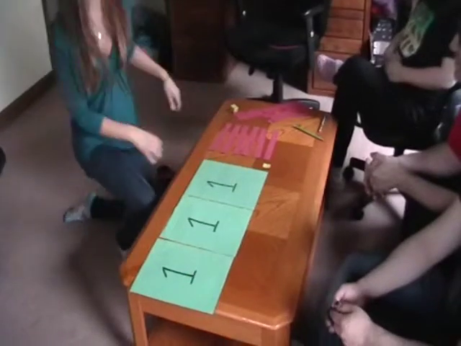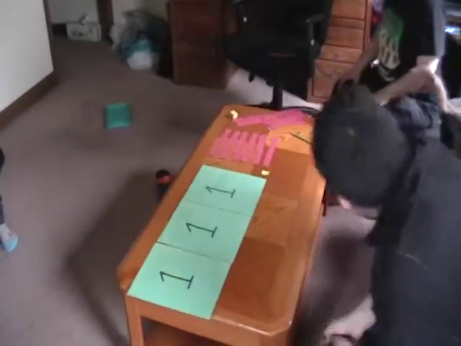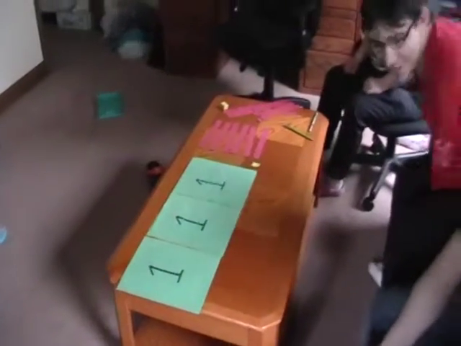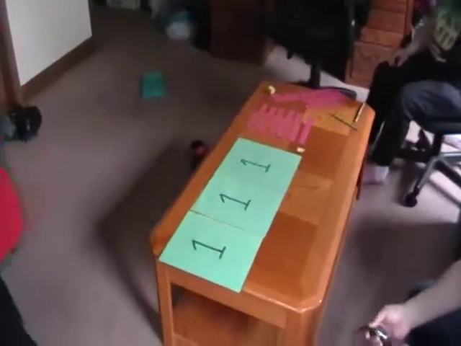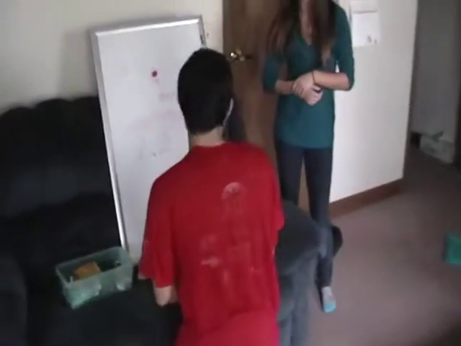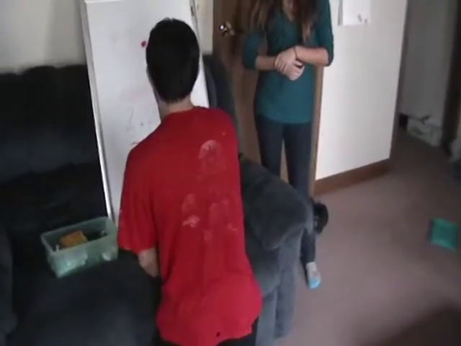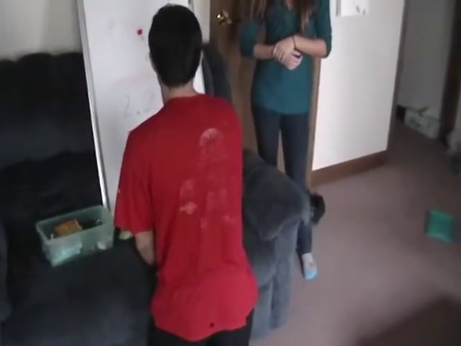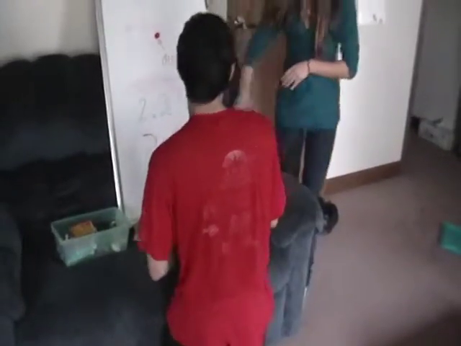Good. Now who wants to write it on the board? Well, Matthew raised his hand first, so we'll let him do this one. Okay, next one. 3.6. Good. This is perfect.